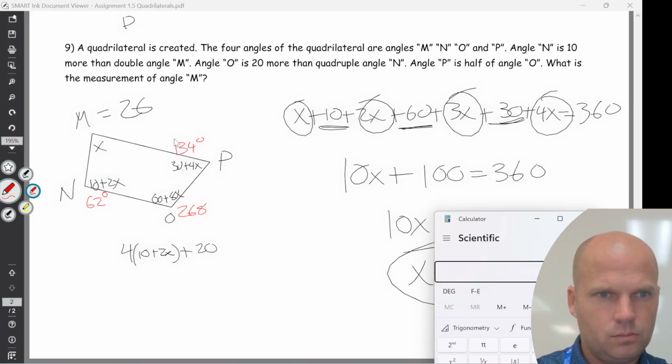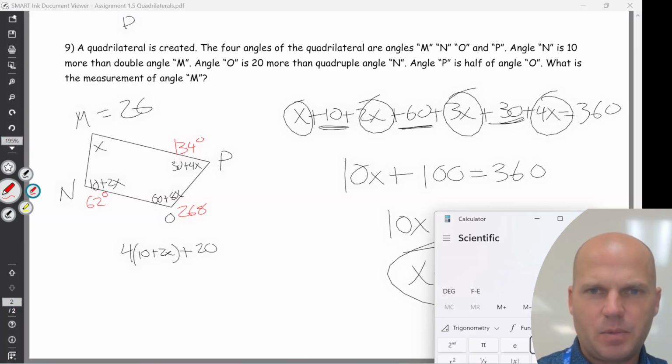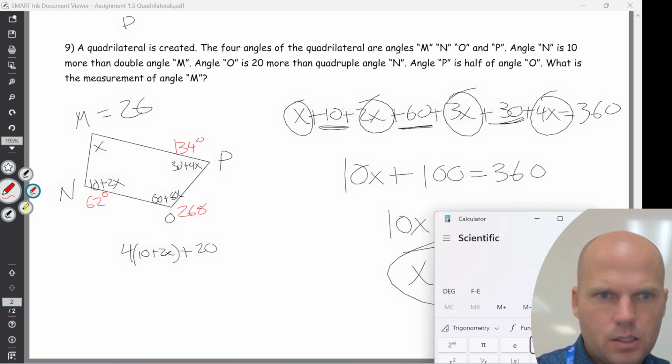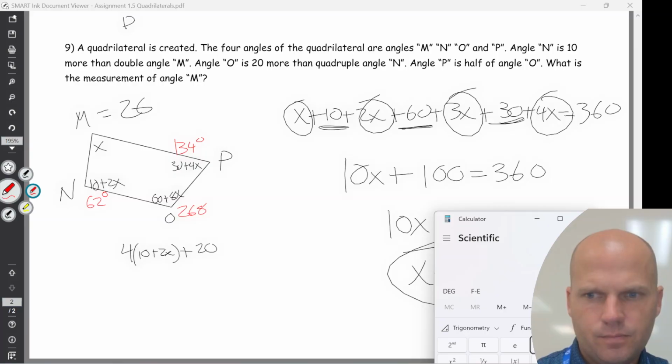Angle O is 20 more than quadruple. Angle P is half angle O. Okay, I feel like this works out, unless I made a mistake up here. 1, 2, 3, 4, 5, 6, 7, 8, 9, 10. 10, 60, 30, 100. 260 divided by 10 is 26.